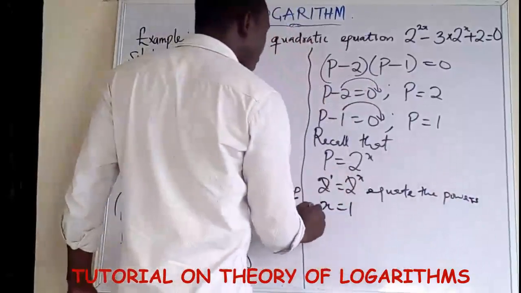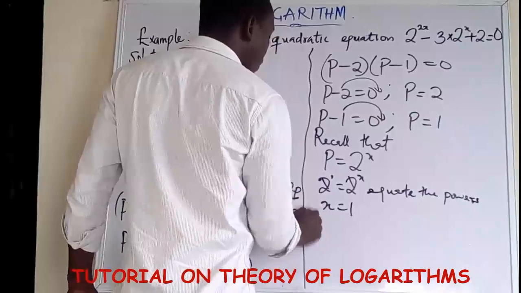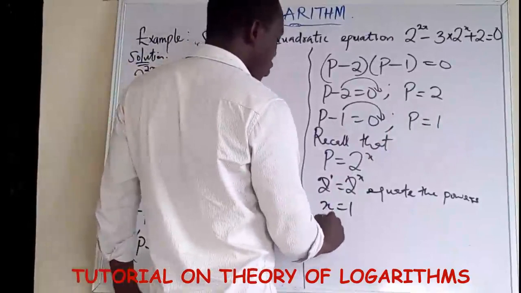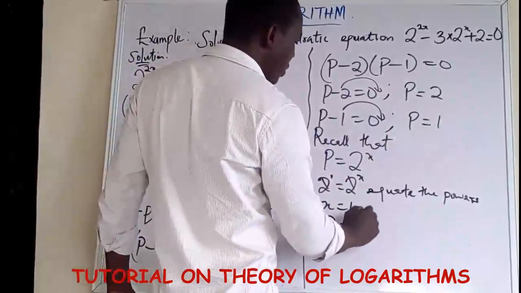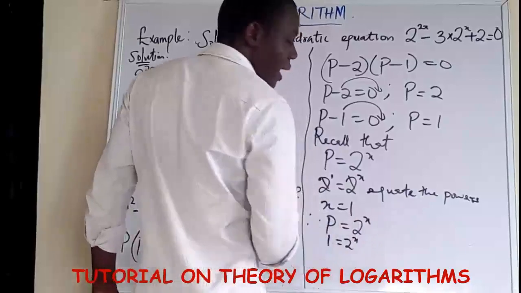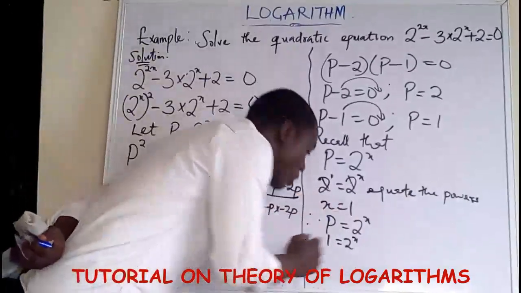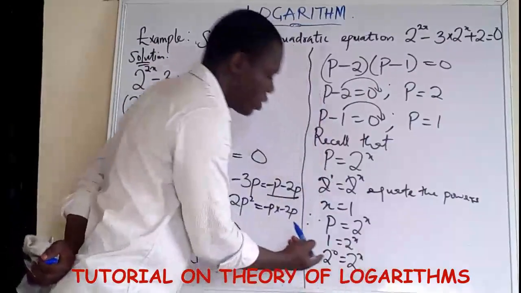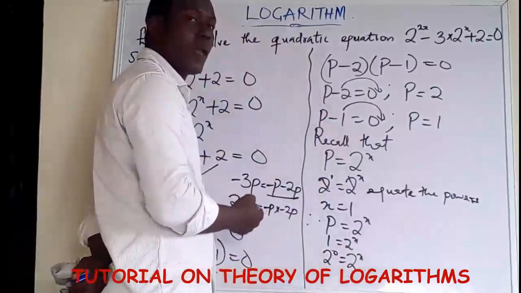So for the second one, we have 1 here. p equals 2 raised to the power x. That is 1 equals 2 raised to the power x. So this one I can transform to 2 raised to the power 0, because any number raised to the power 0 is 1.